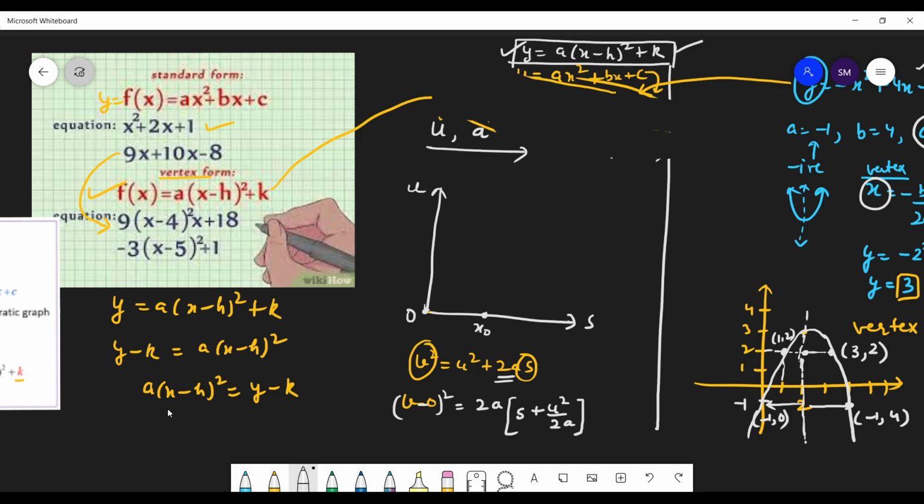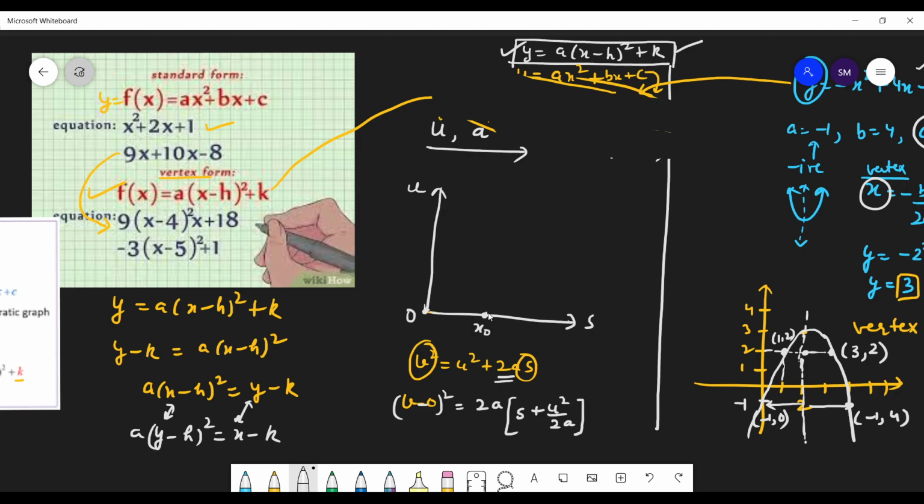So students, here in this vertex form, if you interchange x and y, replacing y with h and x with y, it is quite tough.